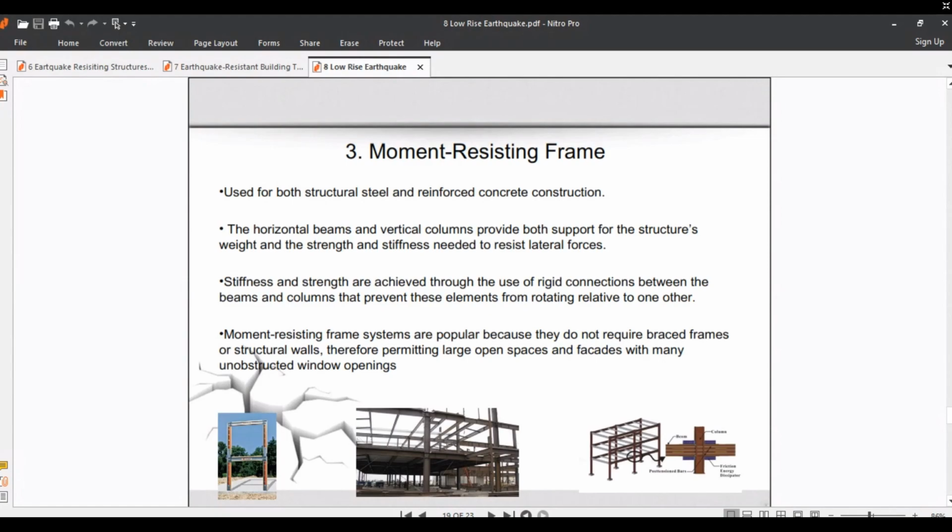Stiffness and strength are achieved through the use of rigid connections between the beam and column that prevent these elements from rotating relative to one another, as shown in these steel frames.